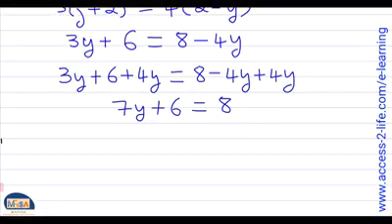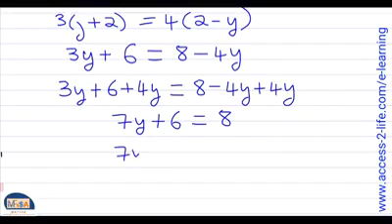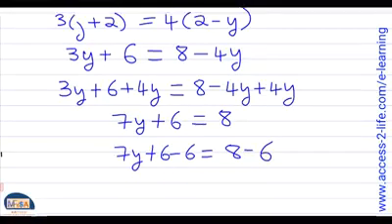So we have to find a way of moving the 6 to the right hand side. So what we do is we add minus 6 to both sides. So the 6 cancels the minus 6 and we're left with 0. So it's 7y plus 0, which is 7y, equals 8 minus 6, which gives us 2.